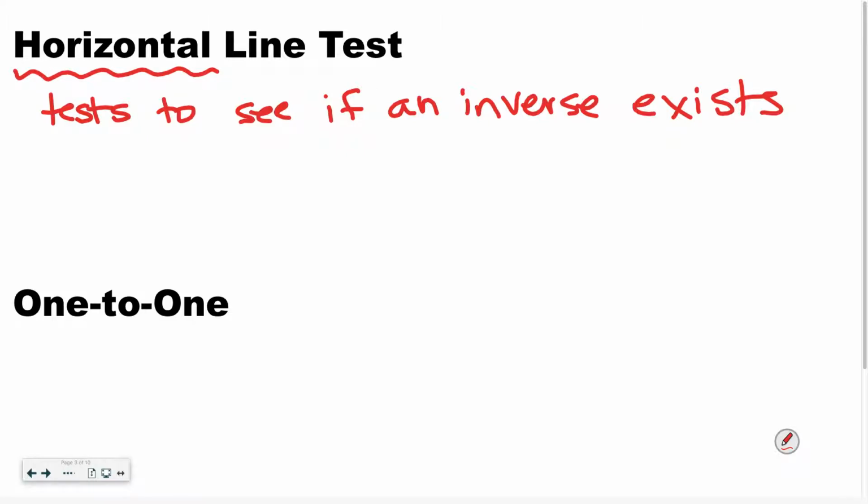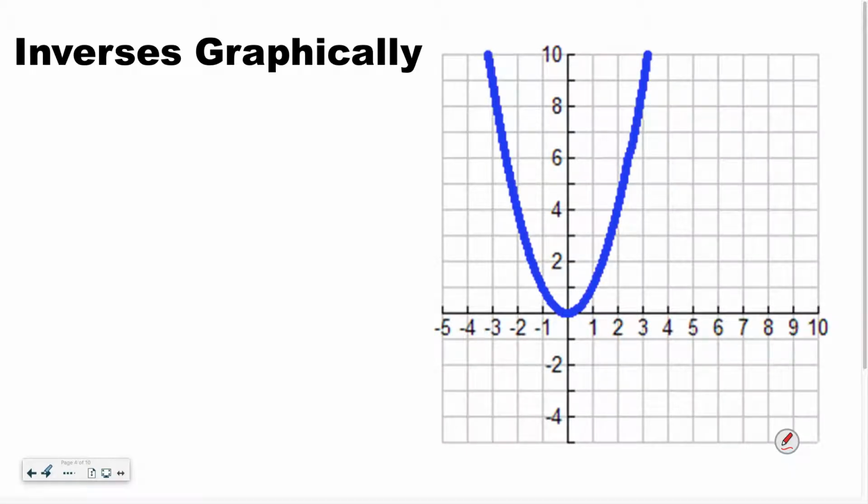Let me give you an example. Does this graph pass the horizontal line test? It does not. If we draw a horizontal line, it goes through more than once. Okay? It's a function, but it doesn't pass the horizontal line test.